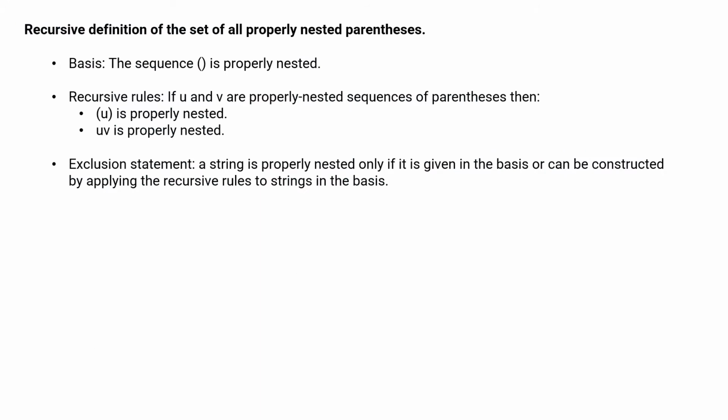So let's look at this example here. We've got a special set, and basically it's going to be the set of all properly nested parentheses, okay? So what would we mean by properly nested? Before we look over here at the basis, let's think about this. We're not going to worry about what's inside, we're just looking at sets of parentheses.